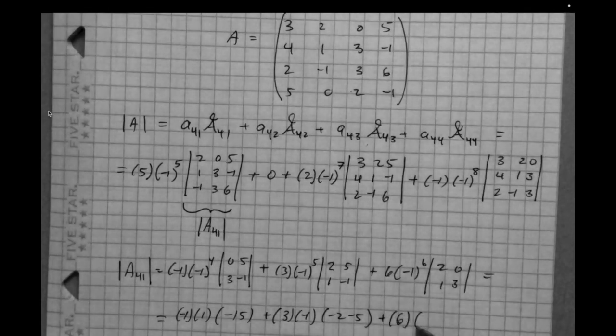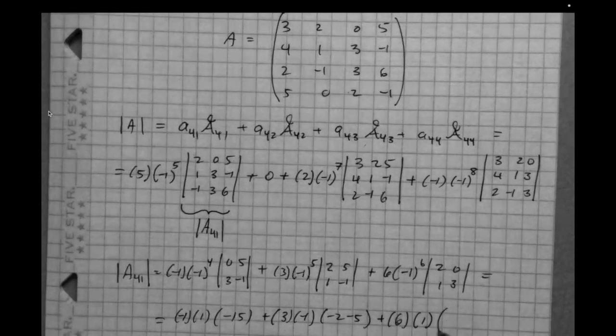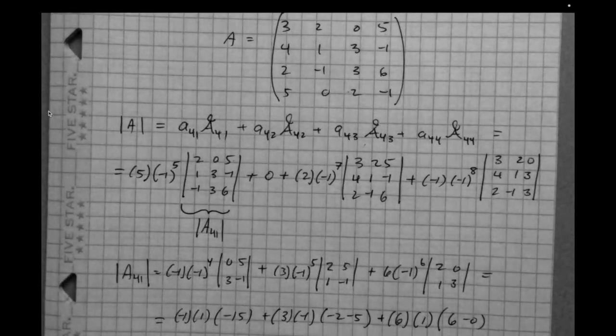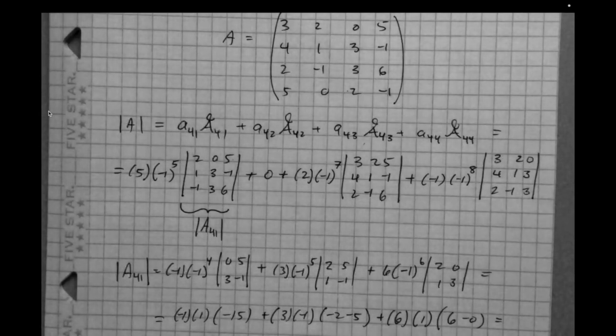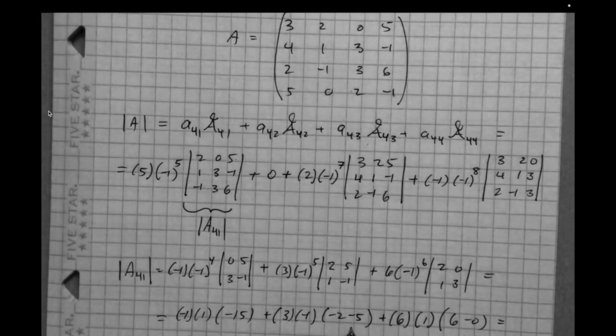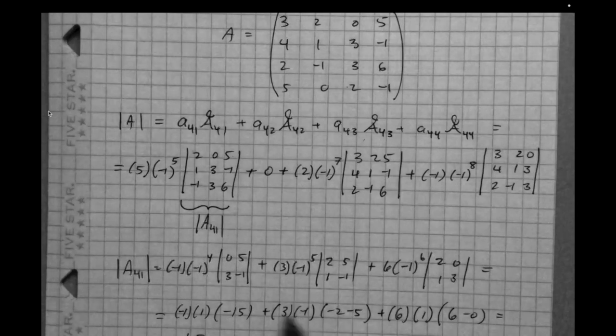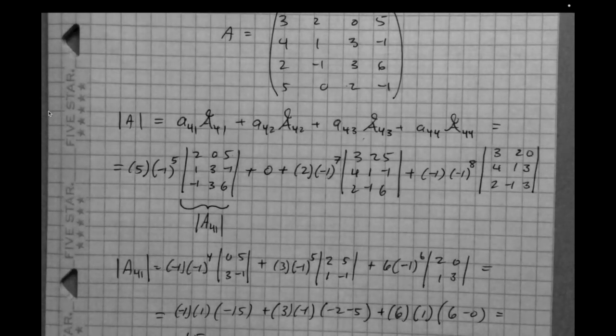Plus 6 times 1, and then it's 6 minus 0. So finally, what do we get? 15 plus, negative 3, so plus 21, and then this is 36.